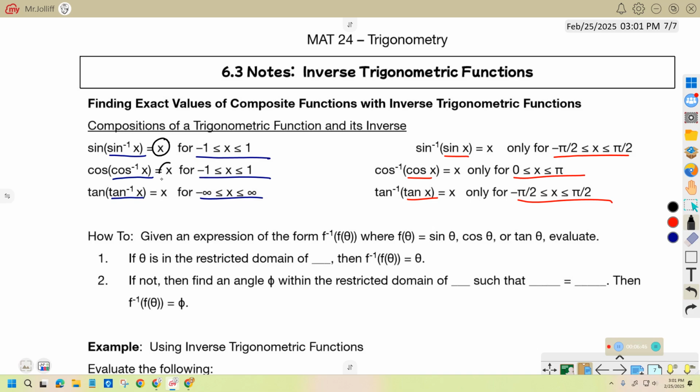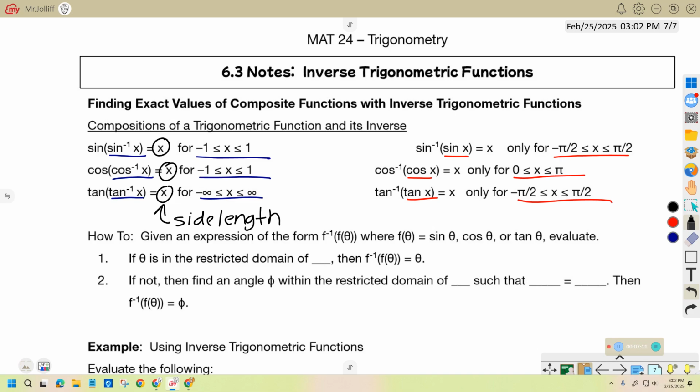These are side lengths, a ratio of side lengths: opposite over hypotenuse, adjacent over hypotenuse, opposite over adjacent. They're those fractions in the ordered pairs in the unit circle.